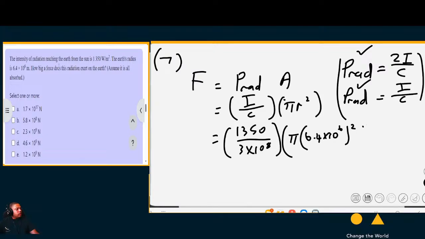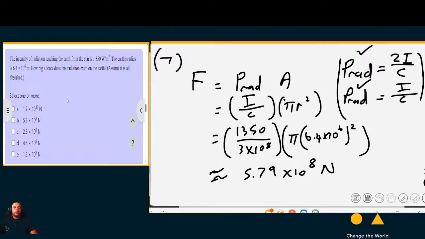We square that, multiply by pi, and multiply that whole bracket by the radiation pressure, and we should get approximately 5.79 times 10 to the 8 newtons.